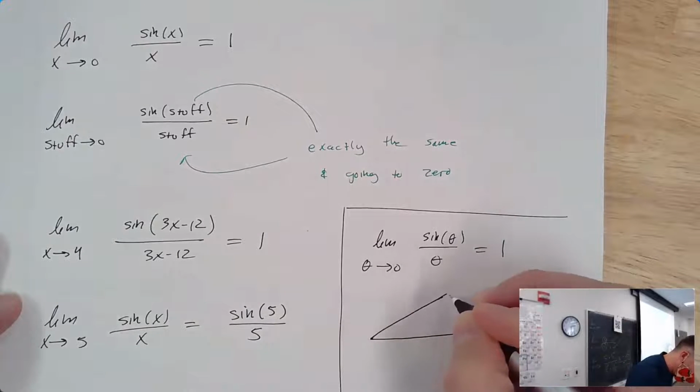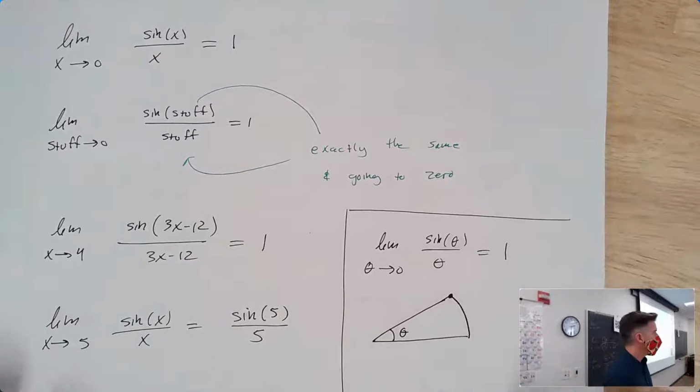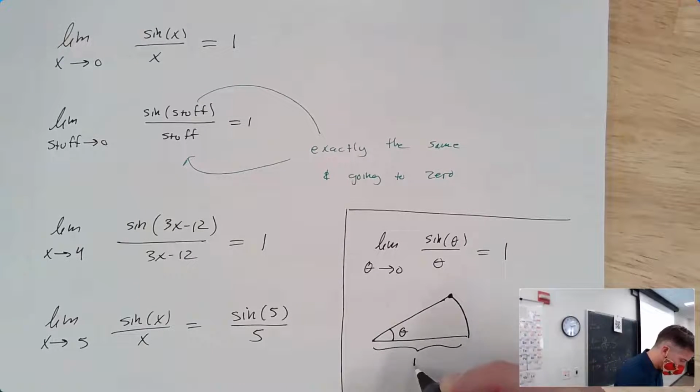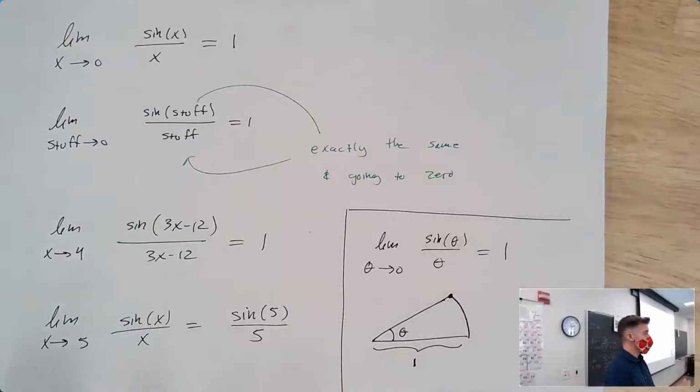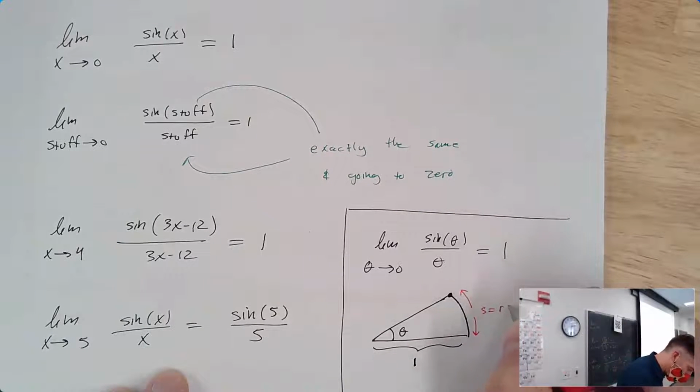sine in a circle, so if this angle is theta, what that really means is, if your circle has a radius of 1, which we're typically thinking of when you're doing trigonometry, then this arc length here is equal to r times theta, which is 1 times theta.